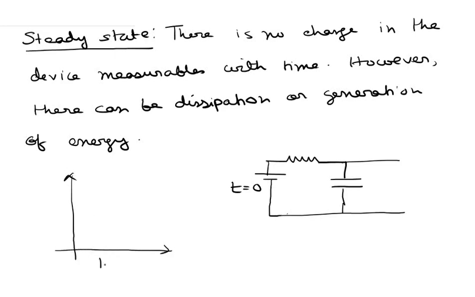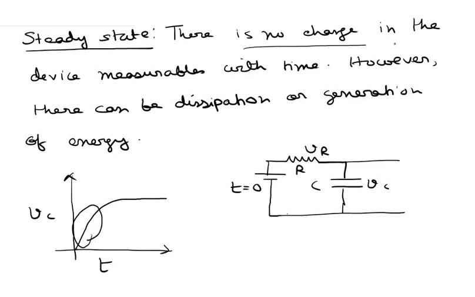So let us consider this time, and Vc is basically the voltage across this capacitor. So this voltage across the capacitor is going to increase, and after a point of time it would reach a constant value approximately. Okay, so in this region the voltage across the capacitor is increasing. Okay, so since the voltage across the capacitor is increasing, this is not steady state, because we have stated that there is no change in the device measurables.